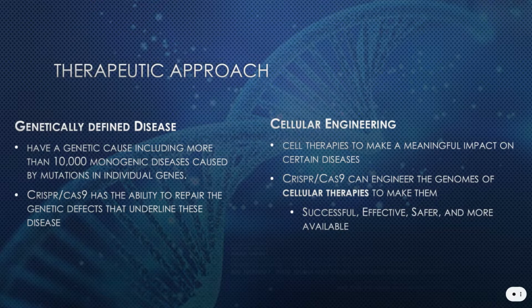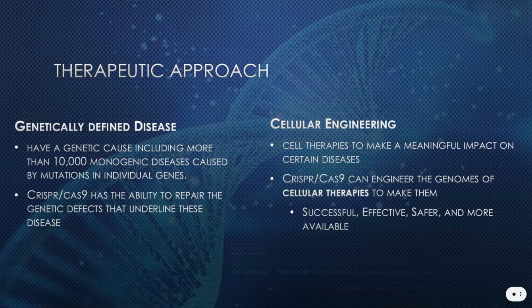Cellular engineering uses cell therapies to make a meaningful impact in certain diseases. CRISPR-Cas9 can engineer the genomes of cellular therapies to make them more effective, safer, and available to a broader group of patients, with therapies that can edit cells either ex vivo, which is outside the body, or in vivo, which is inside the body.